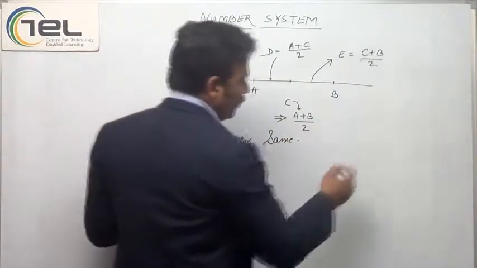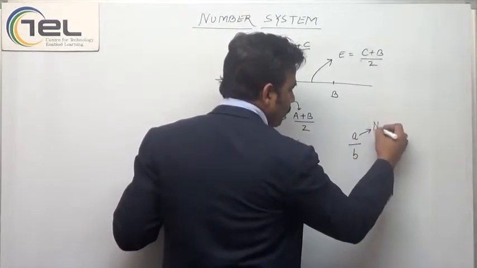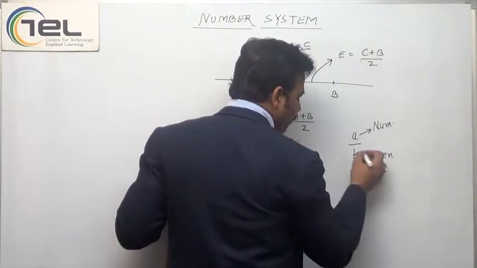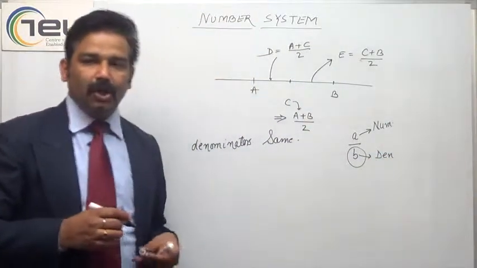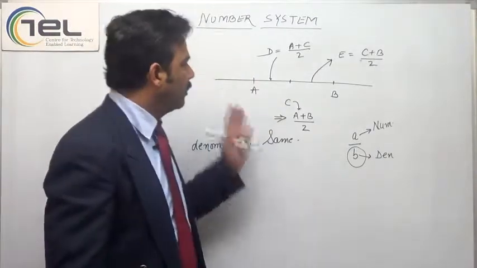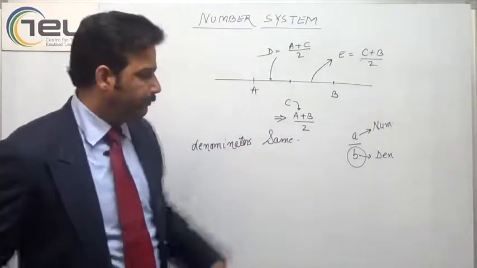A fraction, if it is A by B, A is the numerator and this is the denominator. So we make the denominators of all the rational numbers the same, and then we find another rational number. How?